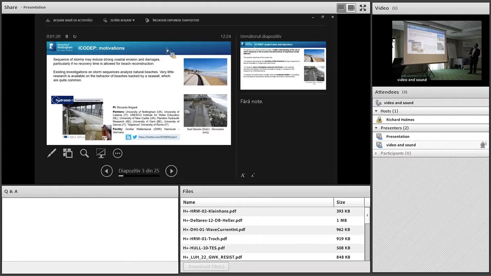So what we want to do. Usually in design of coastal structures, we look at storms isolated. So the paradigm of the design storm is to look at a storm of a certain return period and what it does to your defense.